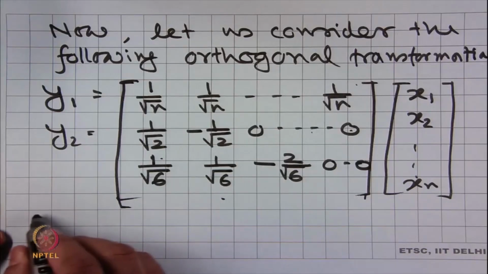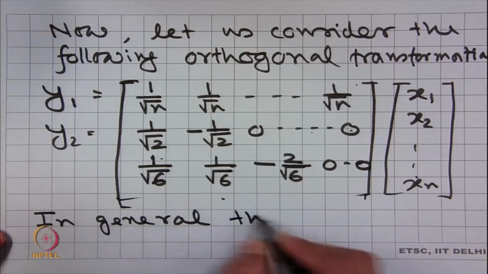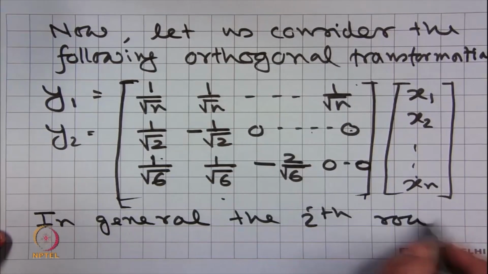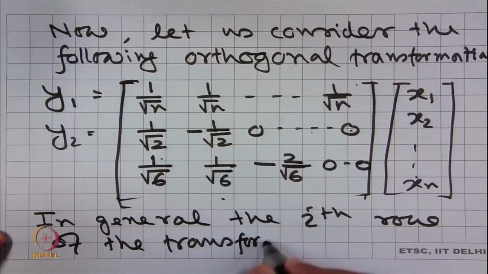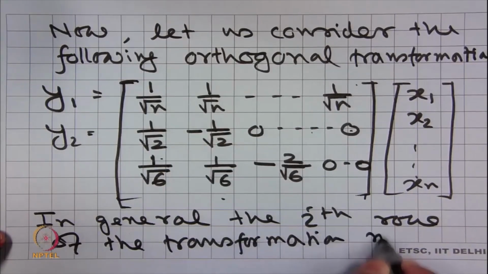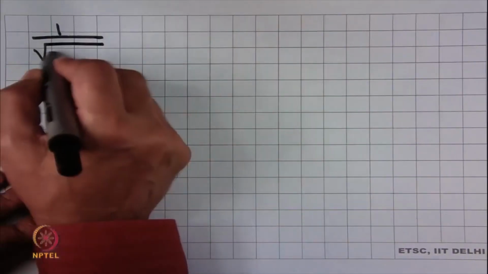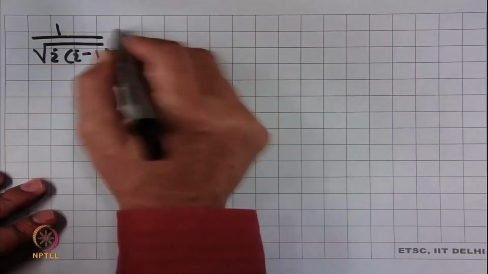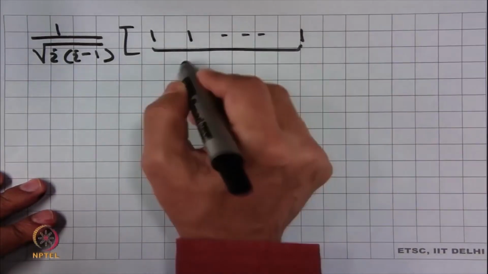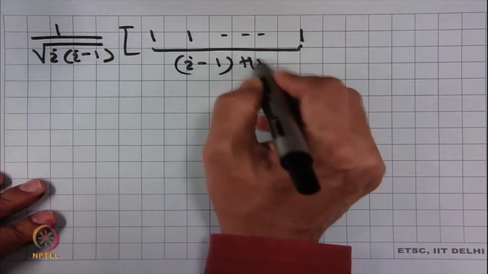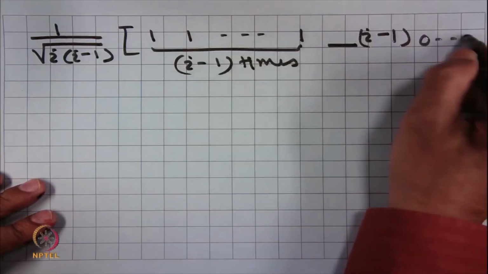In general, the ith row of the transformation matrix is 1 over root i into (i minus 1), with 1, 1, 1, i minus 1 times, then minus (i minus 1), and rest are all zeros.